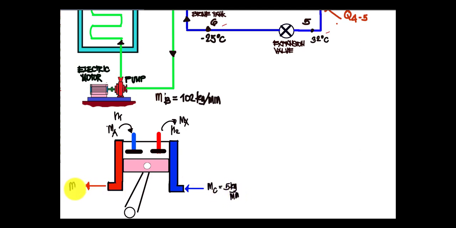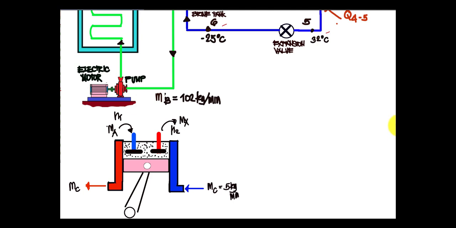We have mass entering and mass leaving, so they are equal. MC, 5 kilograms entering and 5 kilograms also leaving the compressor, absorbing the heat from cold to hot. So this is the hot temperature side already.